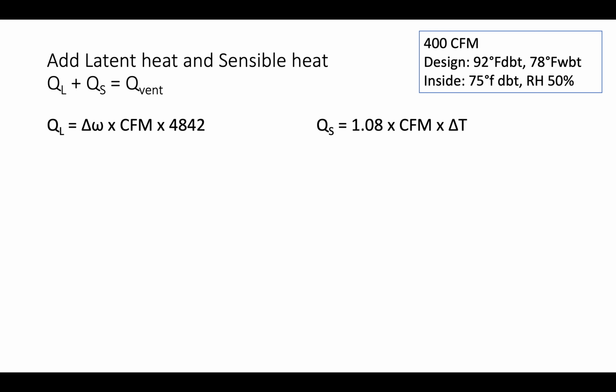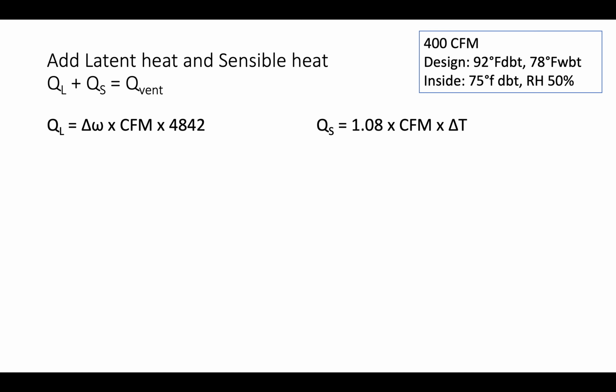We need to add together the latent heat, that is the moisture-containing heat in the air, and the sensible heat, to account for both kinds of heat, the total enthalpy that is in the air that we're moving in.